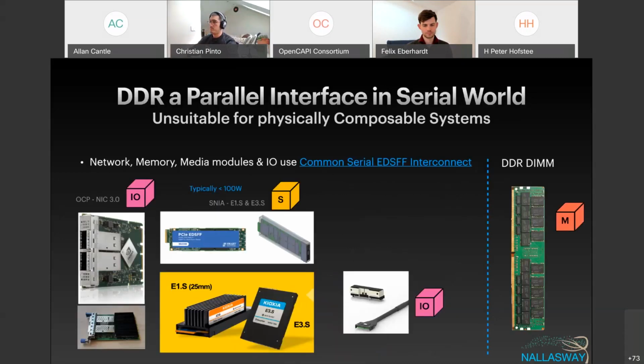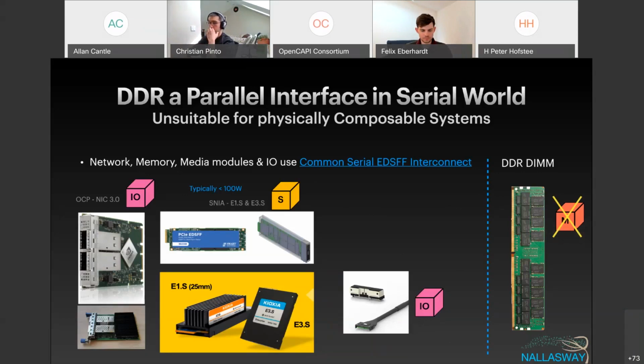Switching gears back to the memory for a moment, DDR is a parallel interface in a serial world, and it's absolutely unsuitable for physically composable systems. If we take a look on the left, we can see that the rest of the resources have gone serial for a long period of time now, and they're coming together into industry standard interconnect.